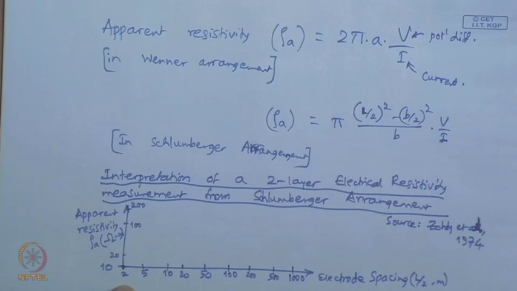In this case there are basically two curves, the theoretical curve and the observed curve.